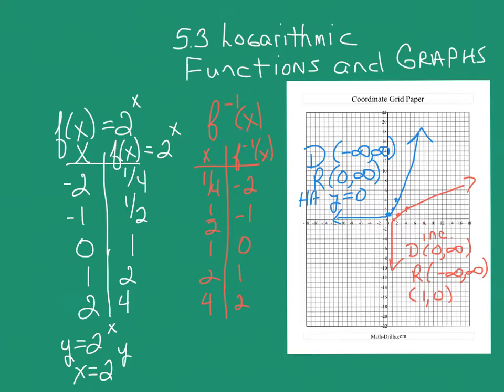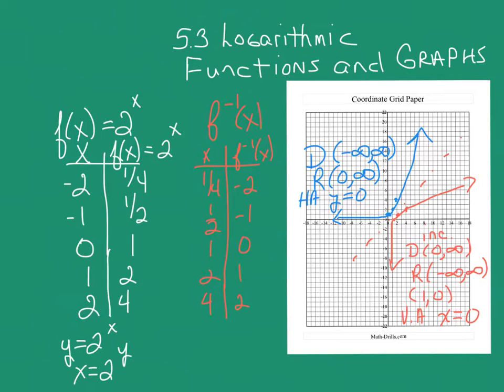And we don't have a horizontal asymptote. Now we have a vertical asymptote, and that vertical asymptote is the equation x equals 0, or the y-axis. Also, if we were to graph the equation y equals x, we can see that the functions reflect across the line y equals x.